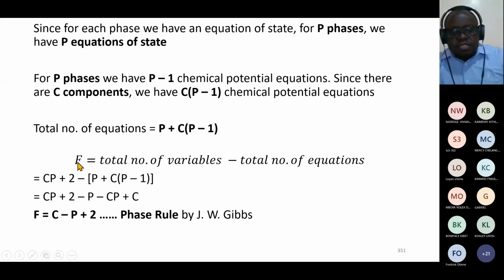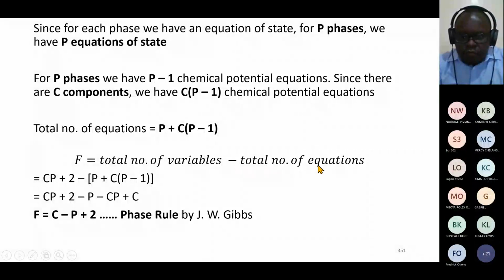Now, the degrees of freedom, as we have seen, is given by the total number of variables minus the total number of equations. The total number of variables we had said equals CP plus 2. Then this minus the total number of equations, which we said is P plus C into P minus 1.